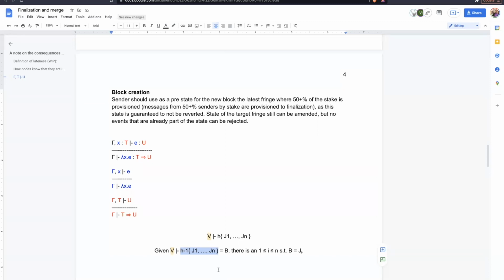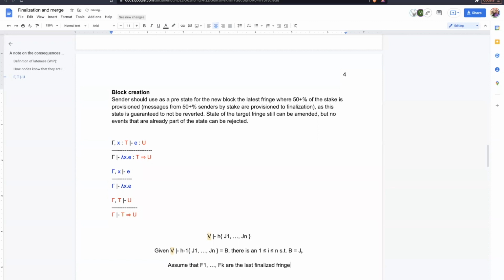So just to be clear then, let's assume that F1 through FK are the last finalized blocks.